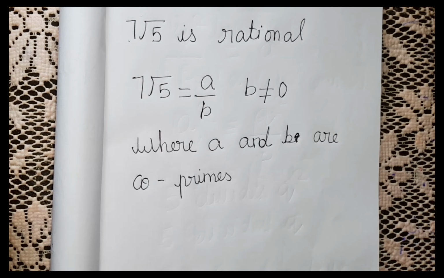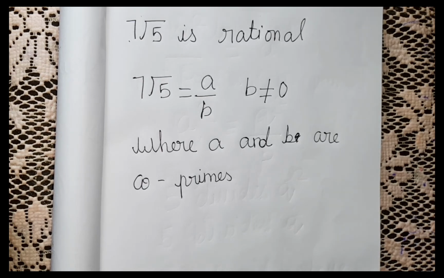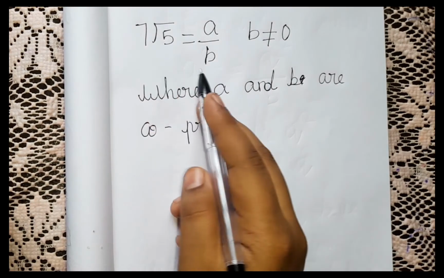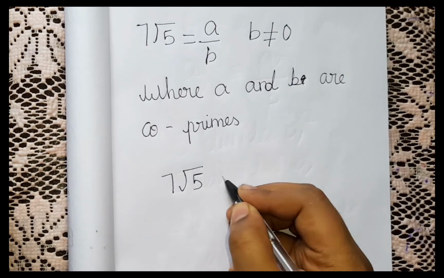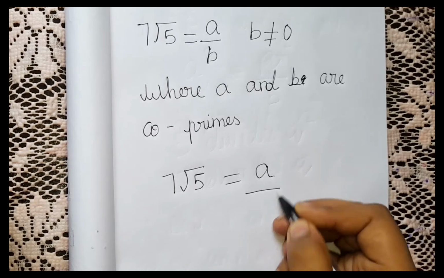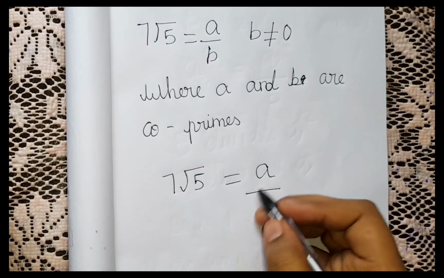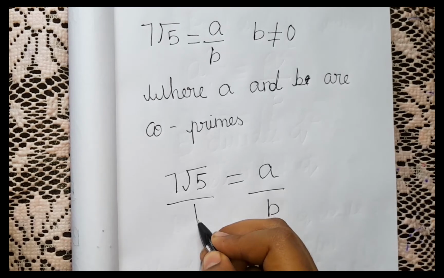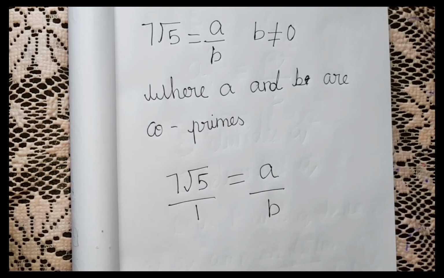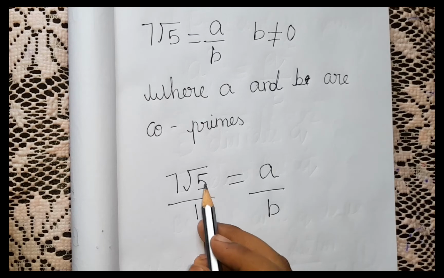So now let's write the form, that is 7 root 5 is equal to a by b. Here it is in the fraction form, that means 7 root 5 by 1. Okay. So now we are going to cross multiply it.